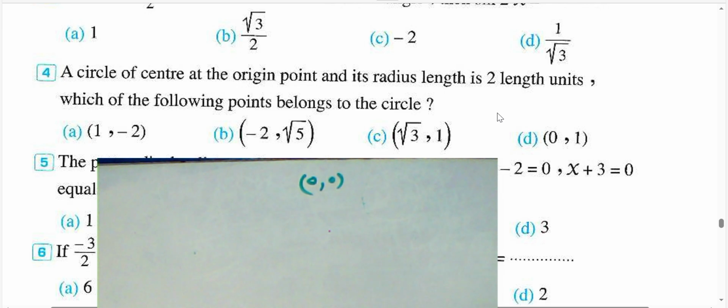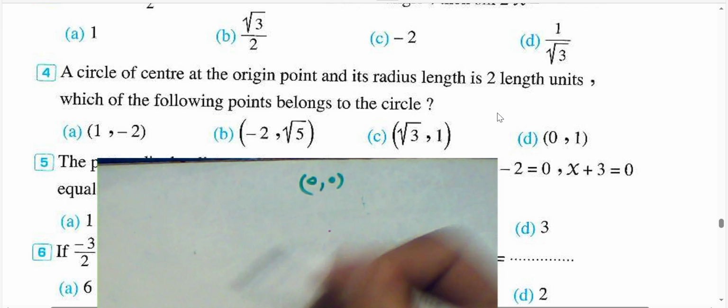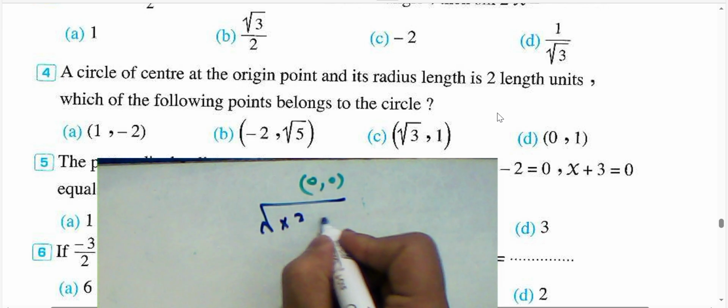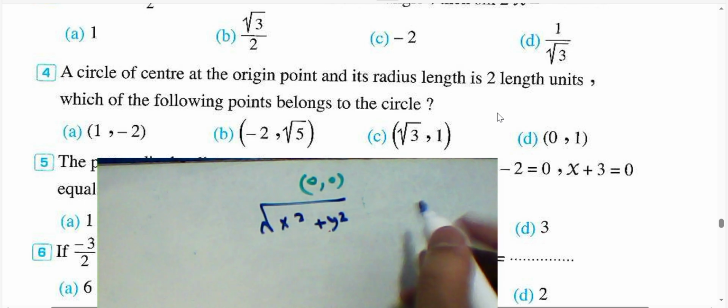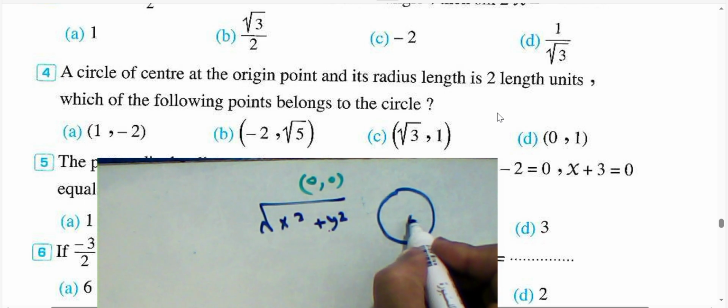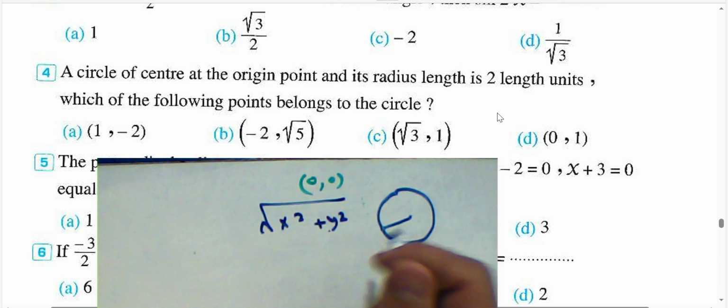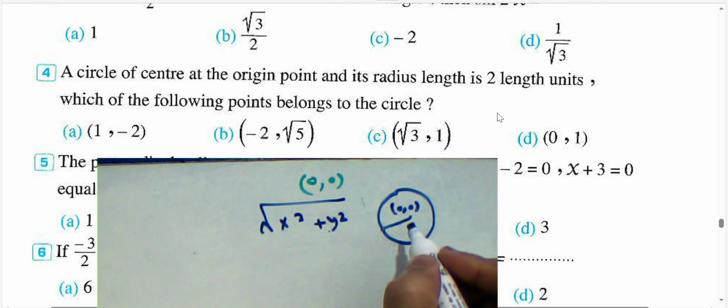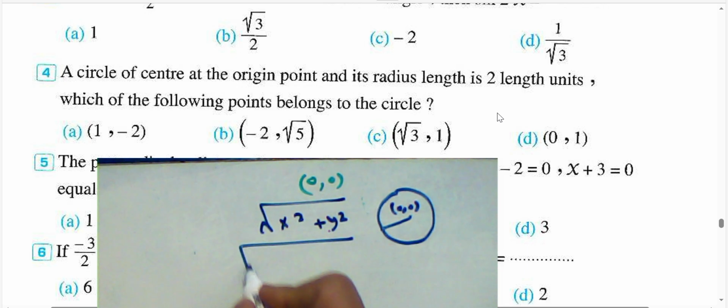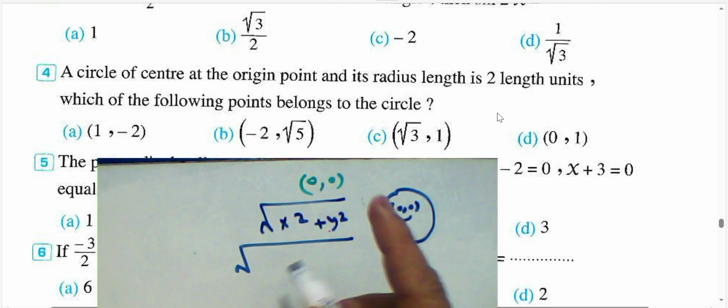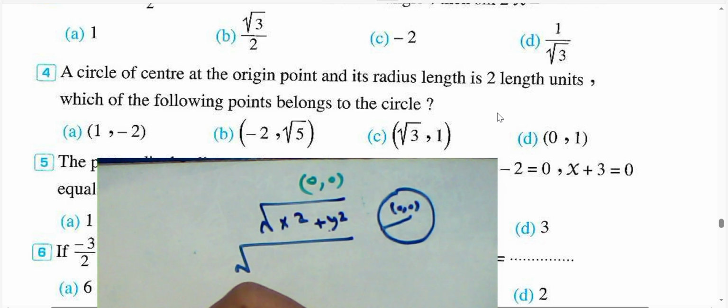The first point (0, 0) is the center. To find the length from the center point to any point lying on the circle, you must use the rule square root of x power 2 plus y power 2, because the first point is (0, 0).